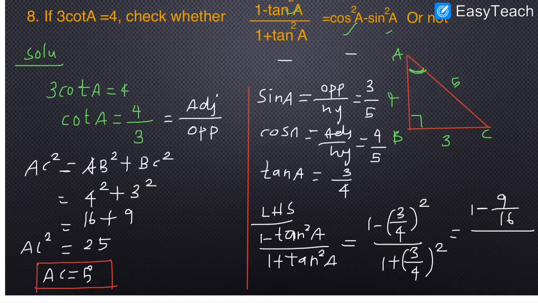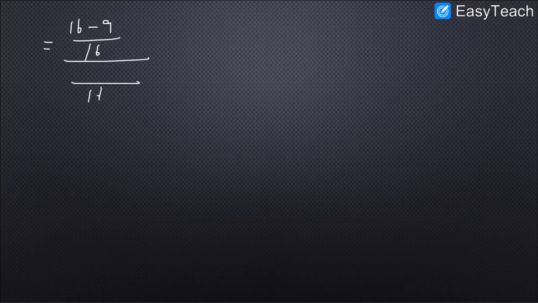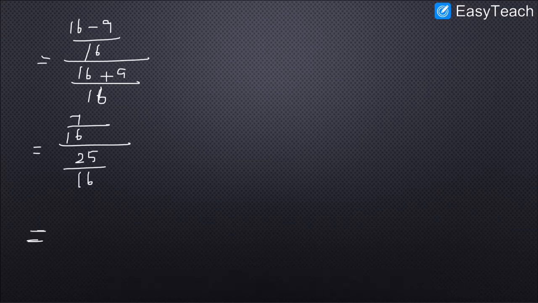So 1 minus 3 threes are 9 by 16, and 1 plus 9 by 16. Next step, take LCM, so 16. So 16 minus 9 divide by 16 plus 9, so on top 7 by 16, in the bottom 25 by 16.